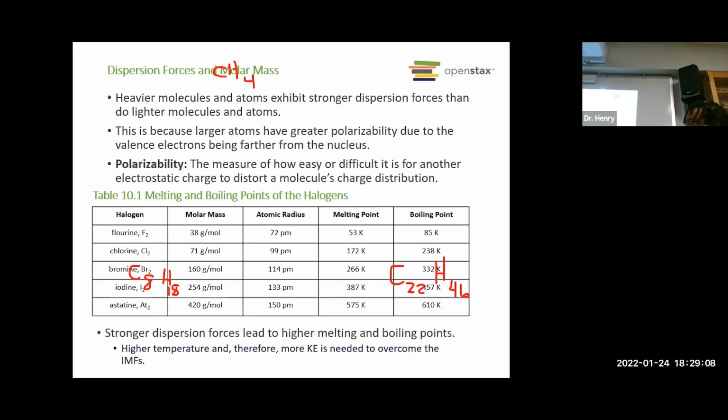Okay, so if we take a look at this, we have fluorine, chlorine, bromine, iodine, and acetylene. As the molar mass gets bigger, our melting temperature gets bigger, right? For instance, fluorine is basically a gas at room temperature.